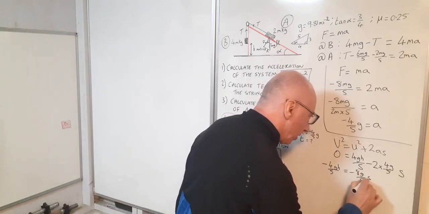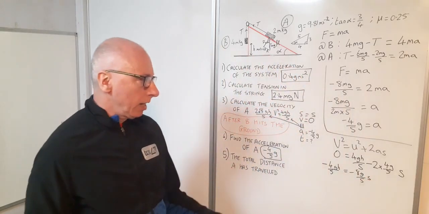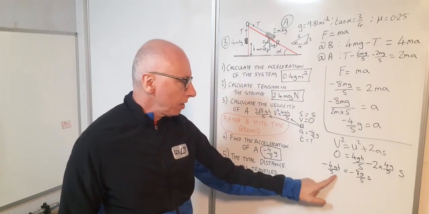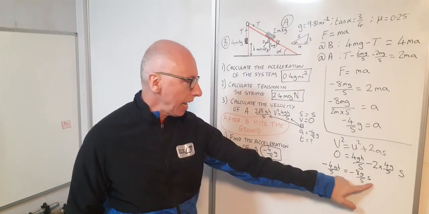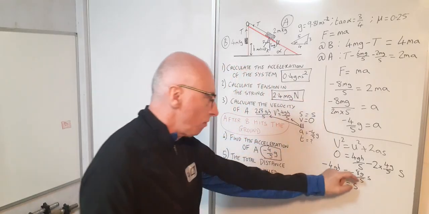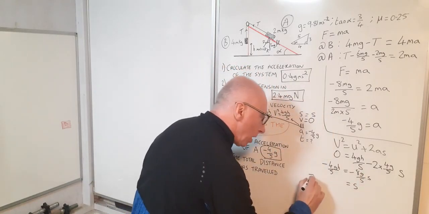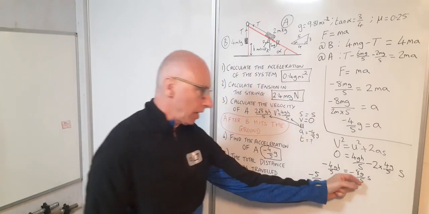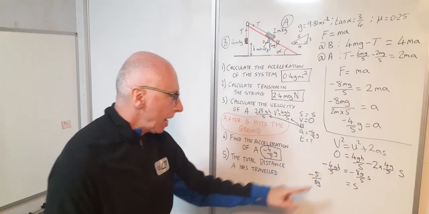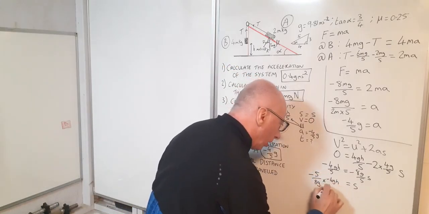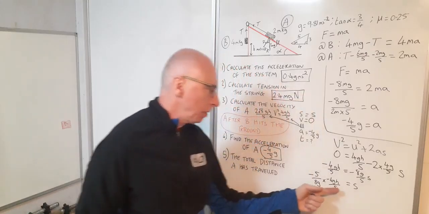And that's s. Okay, so now what I need to do now, divide this side by the reciprocal of that to get s on its own. So if I write s equals, and then write that reciprocal, so minus 5 over 8g, so that's that reciprocal, times that, that should then give me my s.